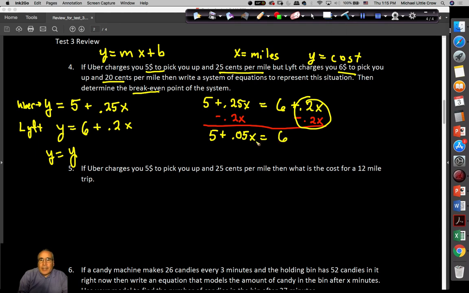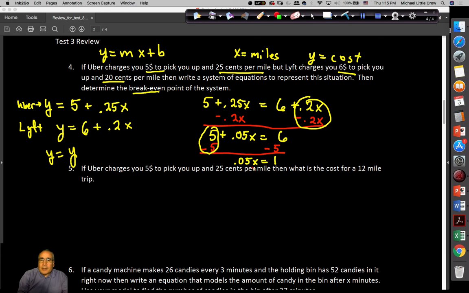And now we want to get x by itself, so we will subtract 5 from both sides. Five minus 5 cancels. I'm going to just keep going down and then we'll deal with it later. 0.05x is going to be equal to 6 minus 5, which is 1.